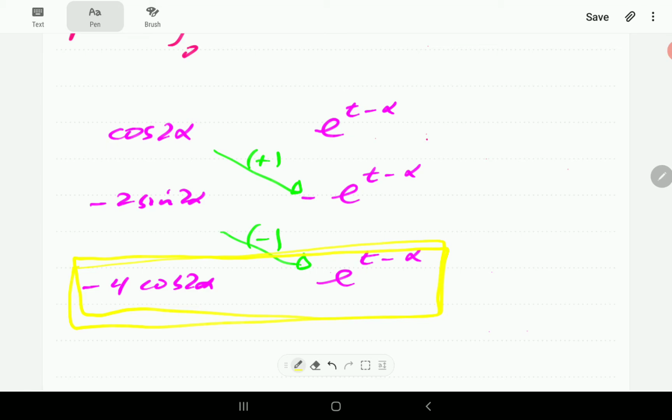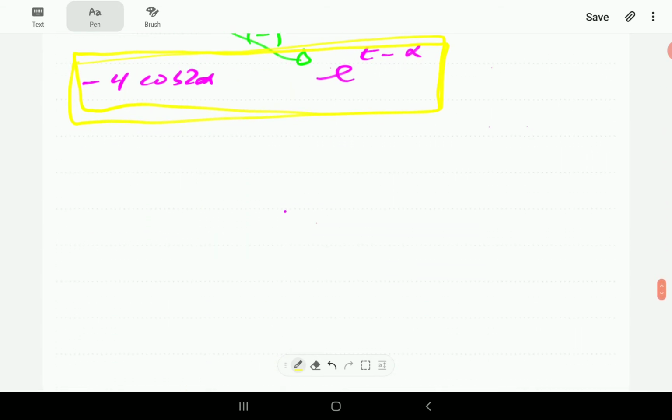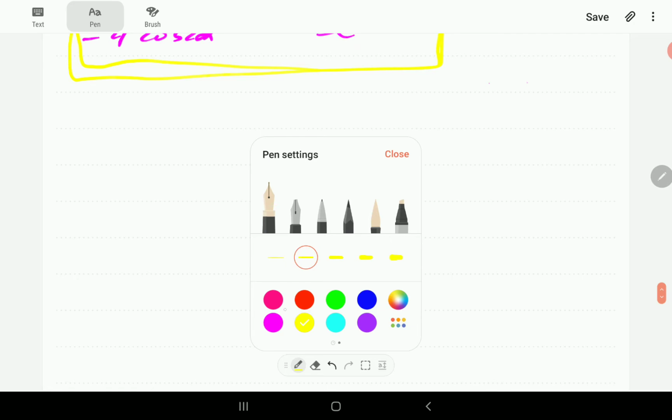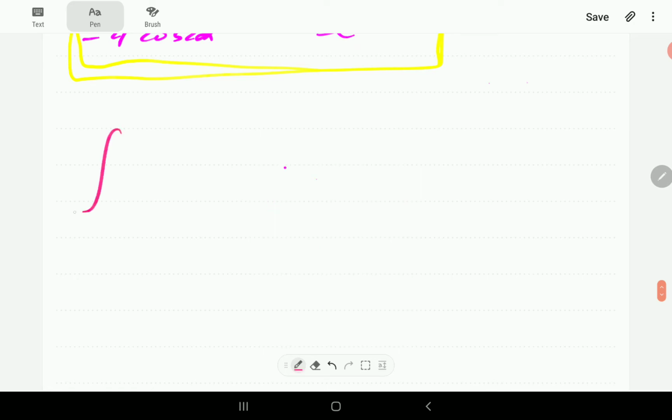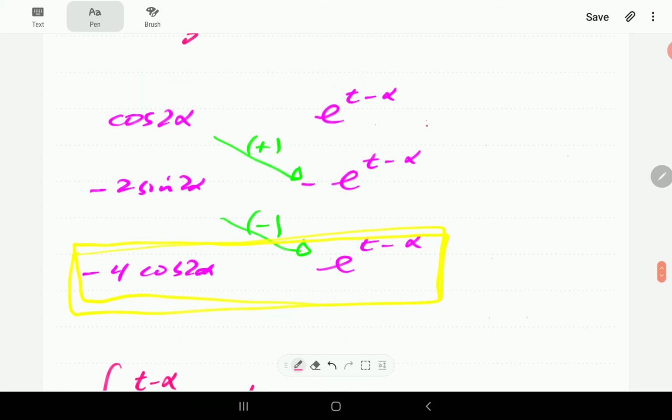So if we just put the integration limits aside for a moment, the integral of e to the t minus alpha cosine 2 alpha is going to be, so if you look at these two terms here, they're going to be both negative because there's negative here, and just one moment, they are not both going to be negative.